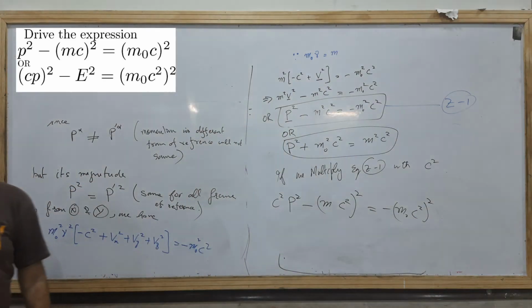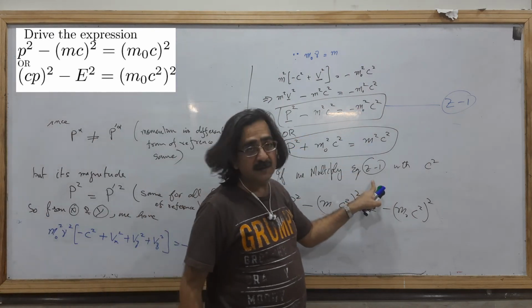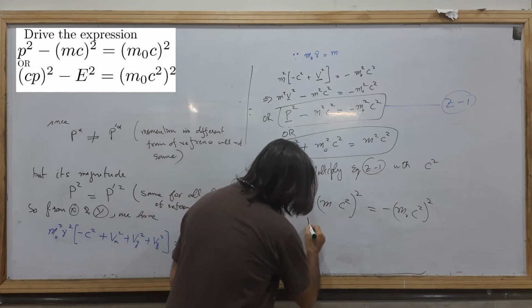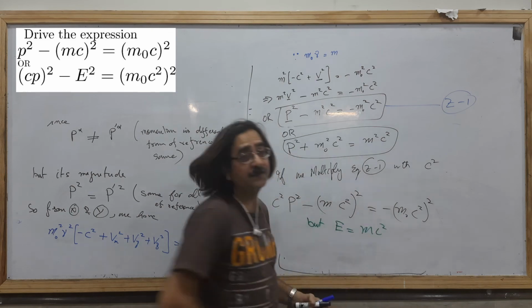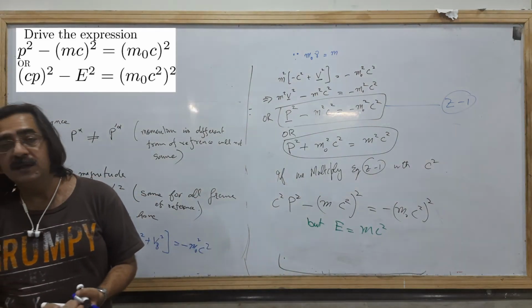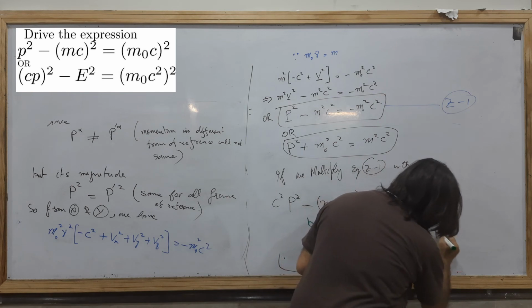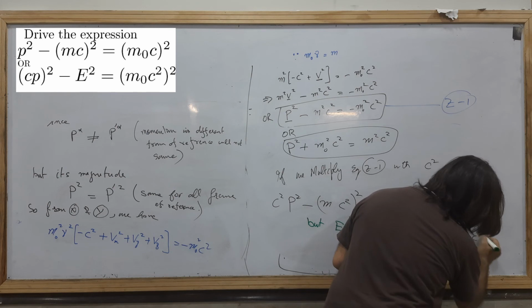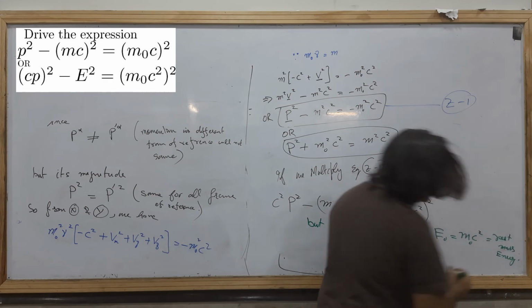Okay, may I write in this way? I am multiplying z1 with this, but E equal to mc square, we will prove it, okay. Then E naught is equal to m naught c square, rest mass energy, okay.